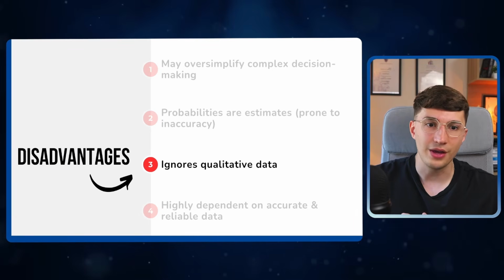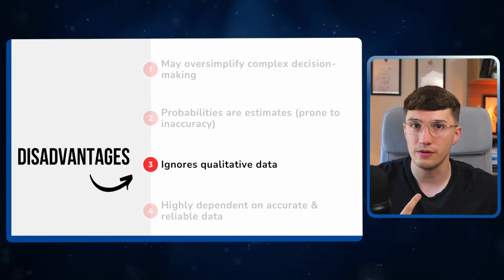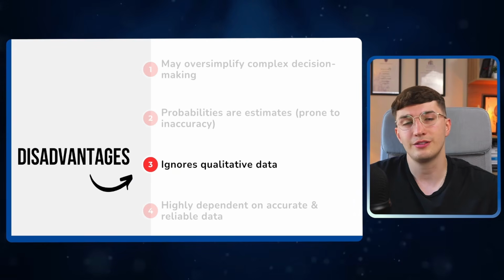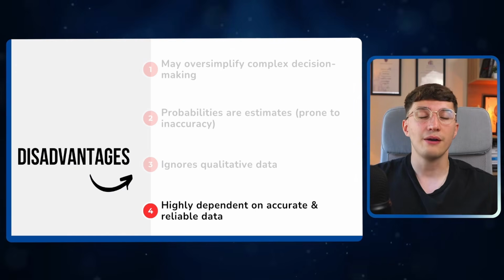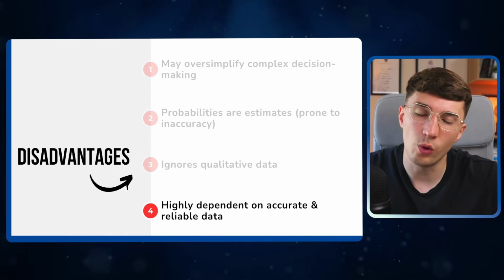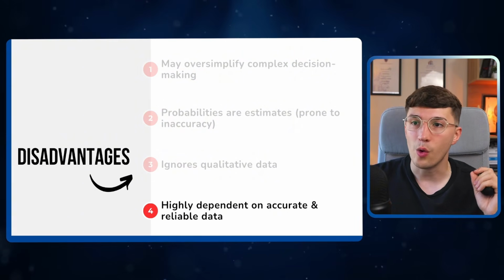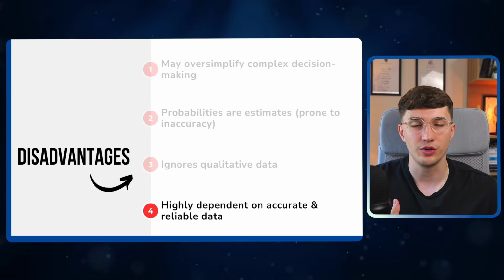For example, is there important legislation that we should know? Are there changes in the external environment? How can we use PESTLE analysis? When we look at decision trees, it ignores all of those qualitative factors and data. And finally, whether the decision tree will be a good tool to use when making decisions in the business, it all depends on how accurate and how reliable the data we are using is.